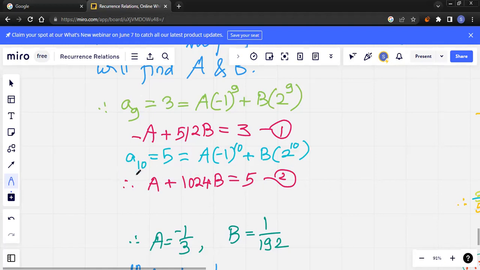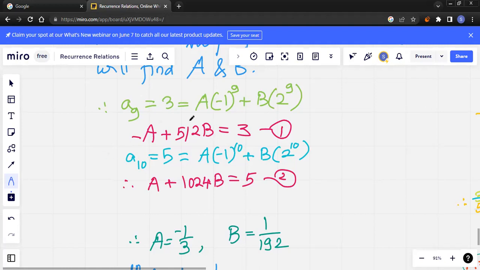Now a_10 is supplied to us. a_10 is 5. So this will be A into minus 1 raised to 10 plus B into 2 raised to 10. And as I have stated, minus 1 raised to even number is plus. And 2 raised to 10 is 1024 times B. And the sum they have given us is 5.